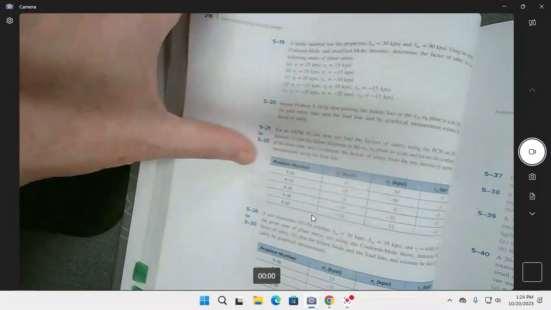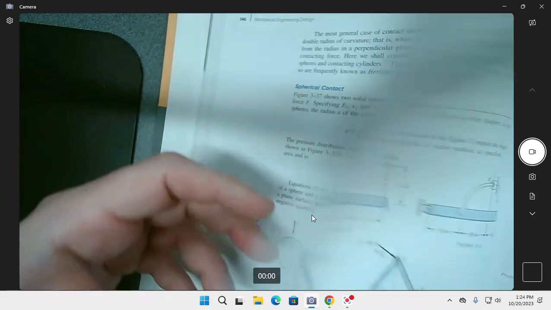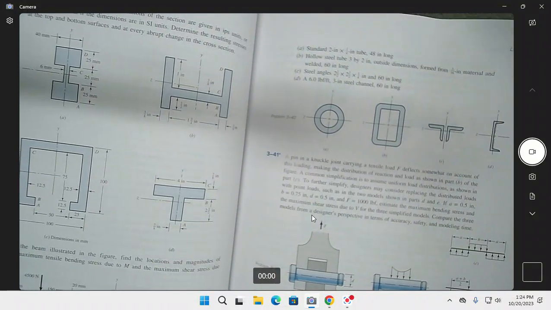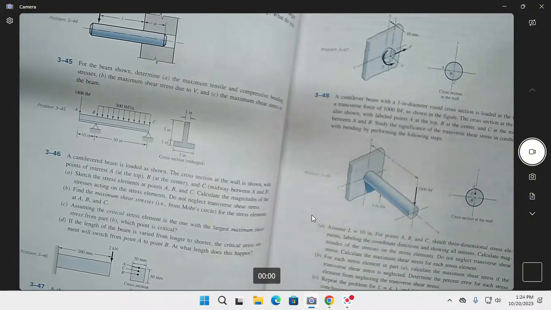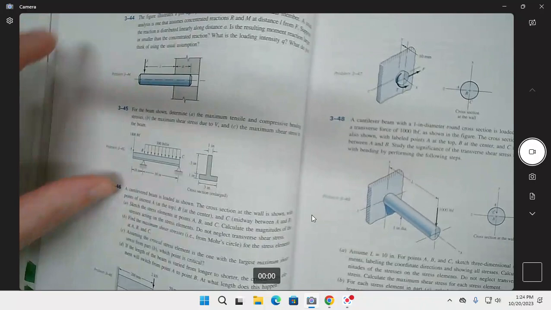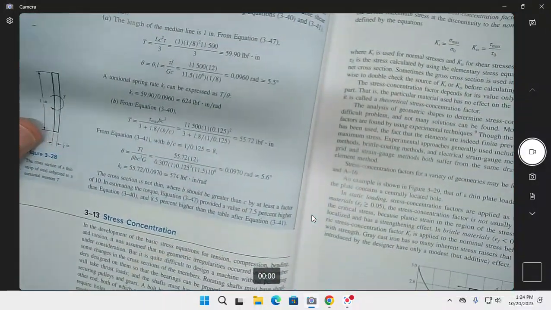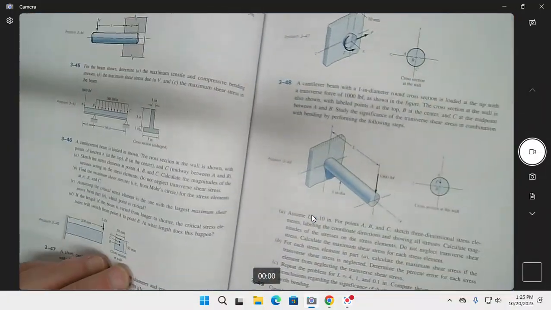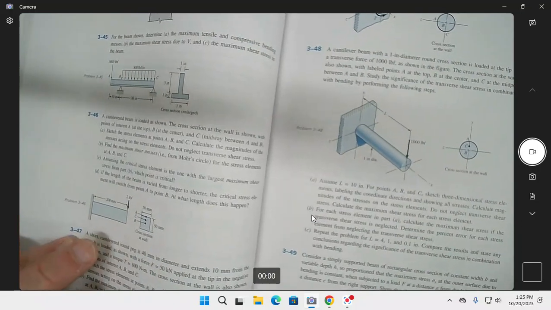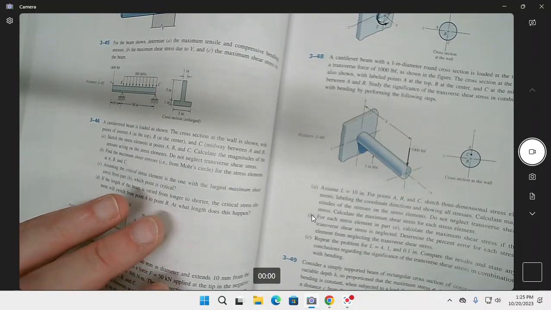So let's go back to chapter 3. Sorry for the hemming and hawing. Let's see, what section is stress concentration right there? It's in 13, which is kind of after that, and it will come in before pressure vessels. So when it comes to problems, they're roughly in the right place.